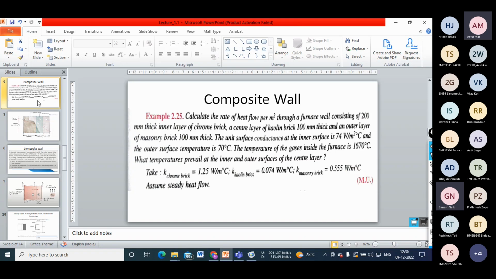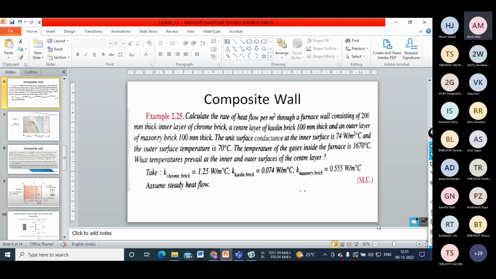Sir, can you take one example on convection? Yes, sir. We'll take one problem of composite wall with convection. That will be better. Okay.